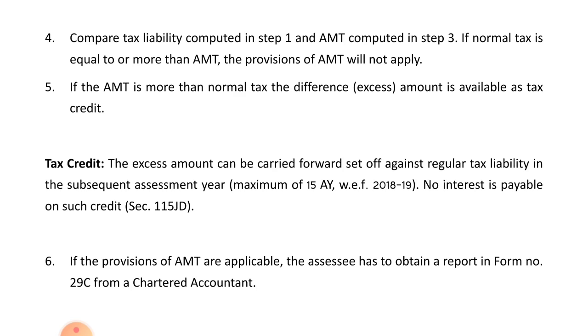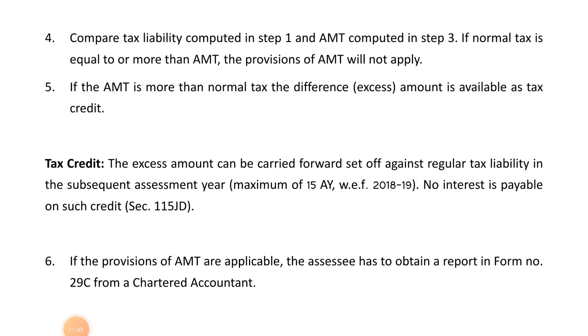If the AMT is more than normal tax, they have to pay the AMT only, and the difference between the two is available to the taxpayer as tax credit. In the years where the normal tax is more than the AMT, you can use this tax credit for the benefit of the firm. Let us see that in next step.